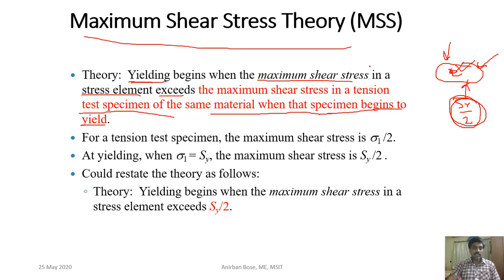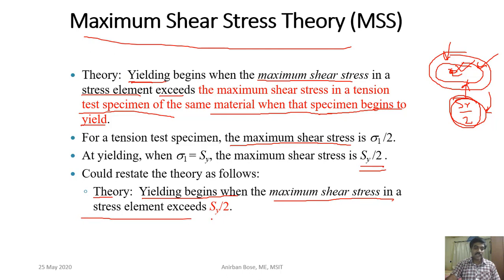So here also, the actual situation is compared with the tensile test specimen yielding. For a tension test specimen, first you find the maximum shear stress, which we know is equal to Sy by 2. So yielding begins when the maximum shear stress in a stress element exceeds Sy by 2.